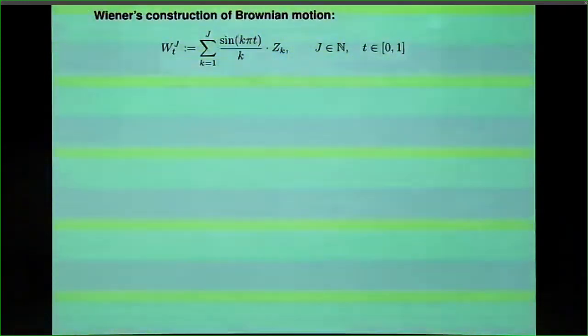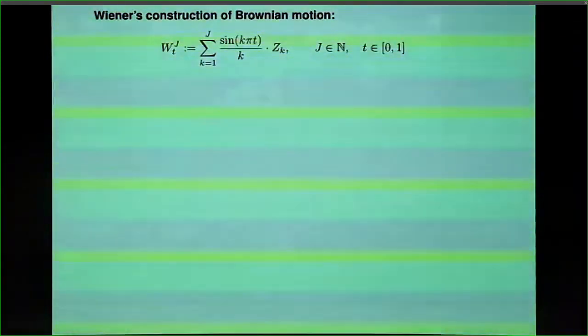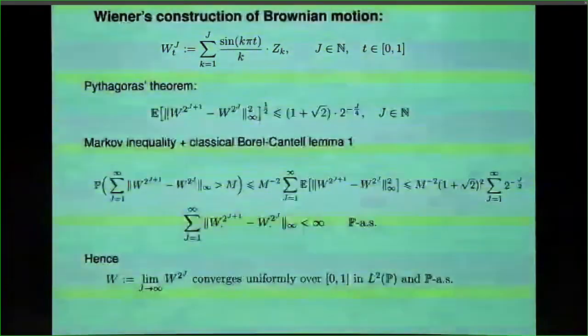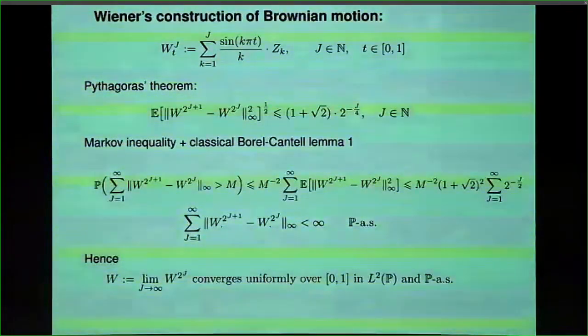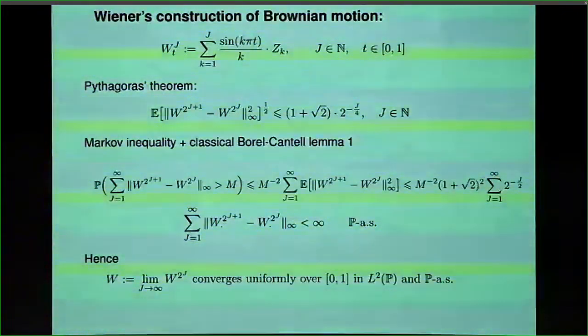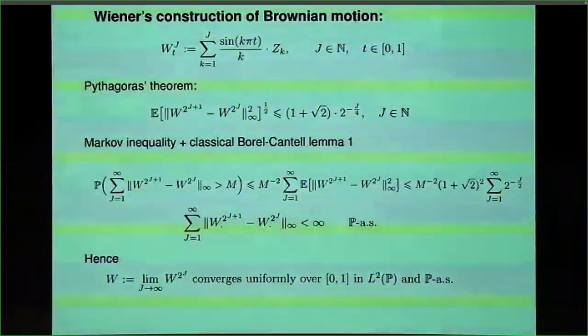First of all, the most classical thing may be the construction of Brownian motion. You have the Wiener construction as it's written here. How is it done typically? You look at not only the sum, which is a Fourier type of sum, from 1 till j, but we look at packages of exponential orders of 2 to the j, and by the Pythagoras theorem you can write down that this is of order 2 to the minus j fourth.